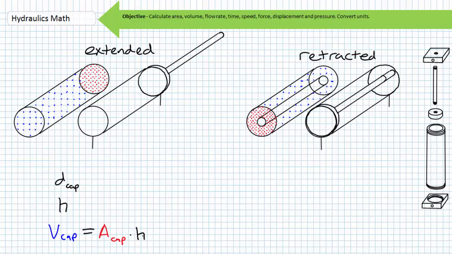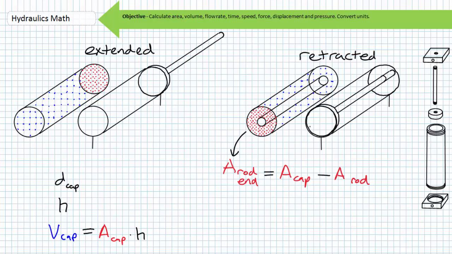Equally valid is that upon retraction, the effective area of the rod end, notice the term I'm using, rod end, has a ring-like or annular area equal in diameter to that of the cap. However, it has a circle removed from the center, where this circle has a diameter equal to the diameter of the rod.